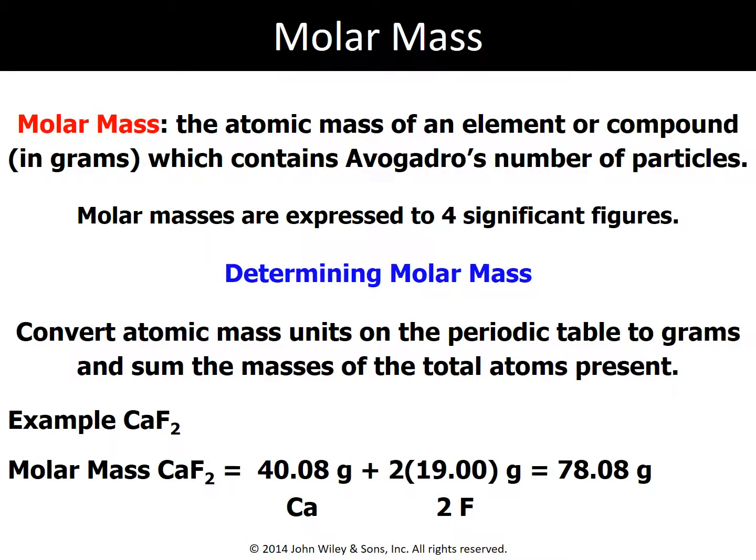So if we wanted to calculate the mass of calcium fluoride, we would take the atomic mass of calcium off the periodic table and also the atomic mass of 2 fluorine atoms because our formula shows they need to be CaF2. So that would give us 78.08 grams. That means that 1 mole of calcium fluoride is 78.08 grams.